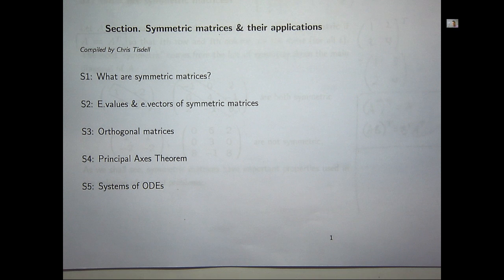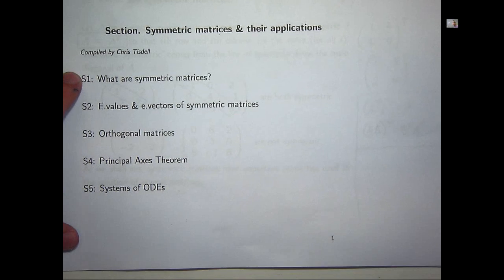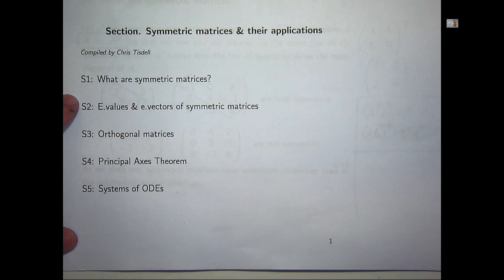In this lecture, we're going to move on to symmetric matrices and their applications. And this particular lecture can be thought of as an introduction. So we're going to define what we mean by a symmetric matrix, and also we're going to calculate the so-called eigenvalues and the eigenvectors of these symmetric matrices.